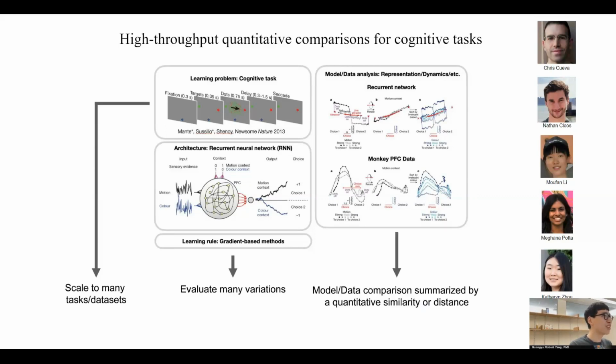We cannot afford that. So let's summarize the model data comparison into some quantitative similarity score, but in our case, we'll look at distance. So the neural distance essentially is lower. If it's lower, it means the model is similar to the experimental data.